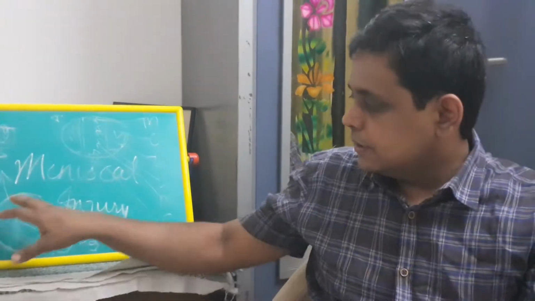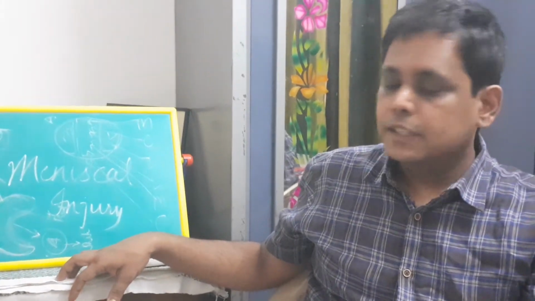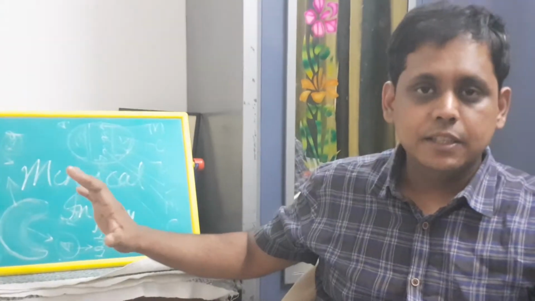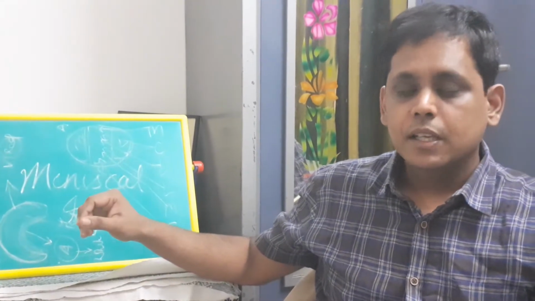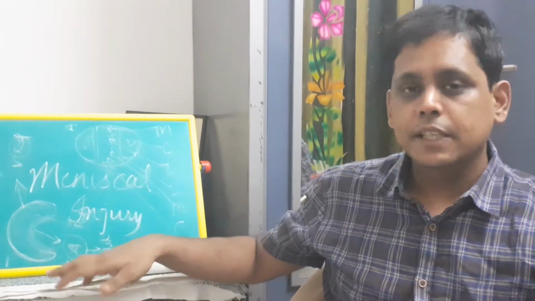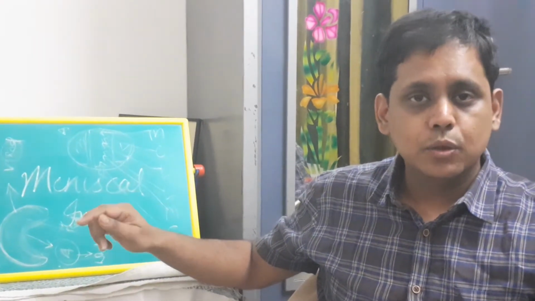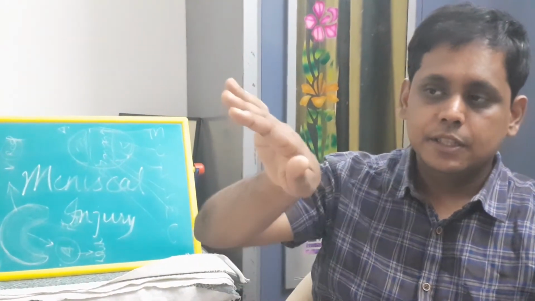What is the difference between the medial and the lateral menisci? One of the things is the medial meniscus is more fixed. It doesn't move much. And what is the attachment of the meniscus to the tibial plateau? It is called the coronary ligament, that is the meniscotibial ligament. It fixes the menisci to the tibia.